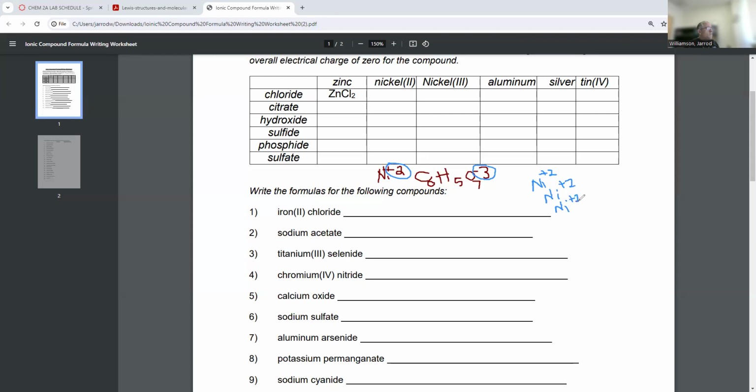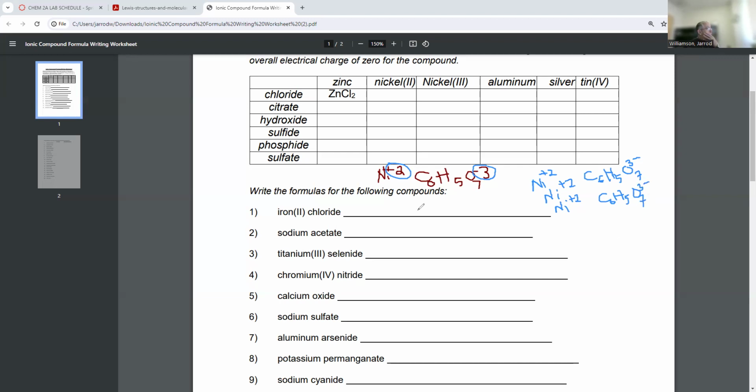I need 3 of those, and C6H5O7 with a 3 negative. That should be 3 negative over here. C6H5O7, 3 negative.